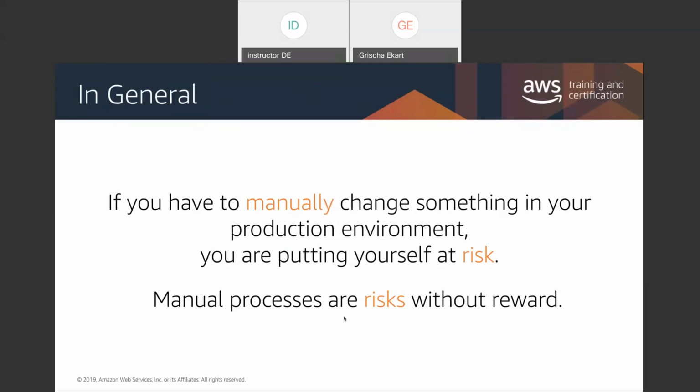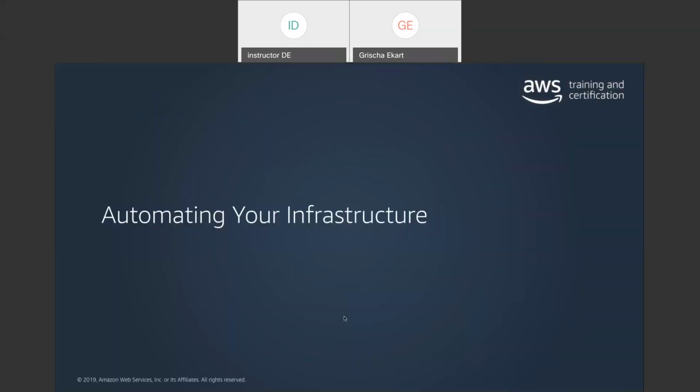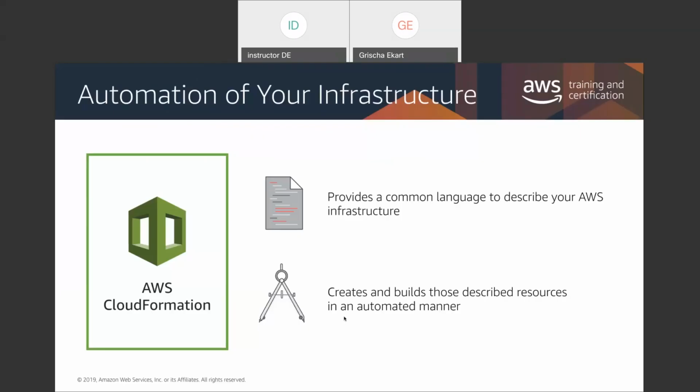Right? So this is where automating your infrastructure comes into the picture, and we will look into one specific part of it, which is called AWS CloudFormation. AWS CloudFormation is a service that is provided for free, basically. The stuff that you're launching with CloudFormation is going to cost you something, but the actual service doesn't cost you anything.